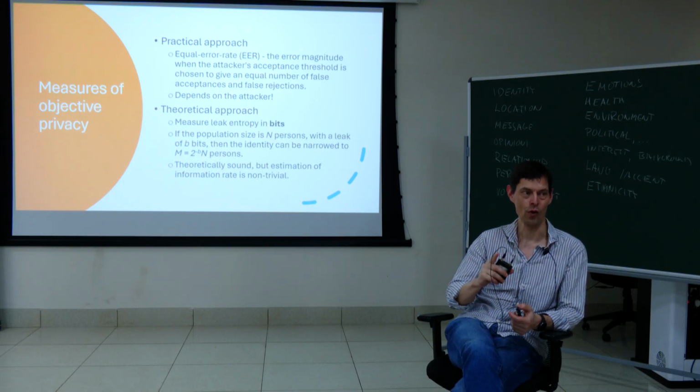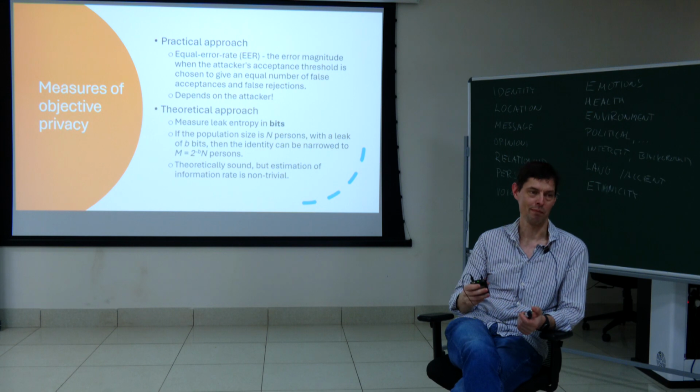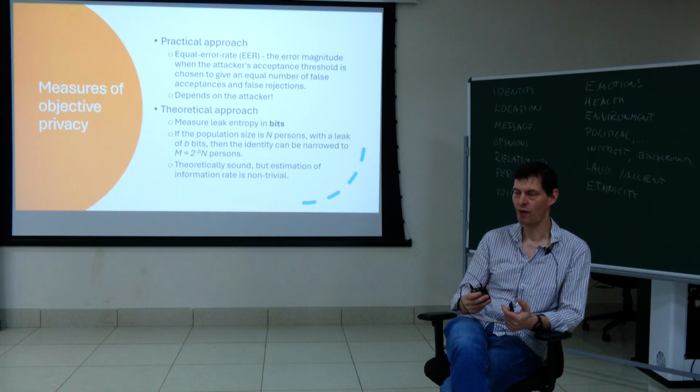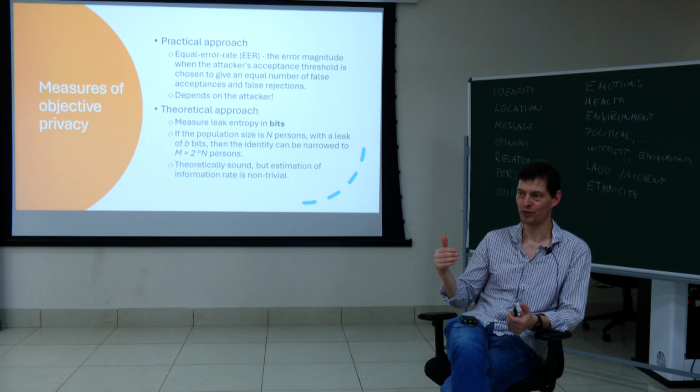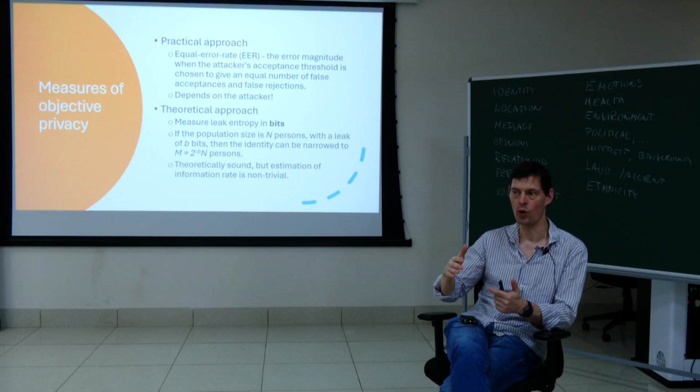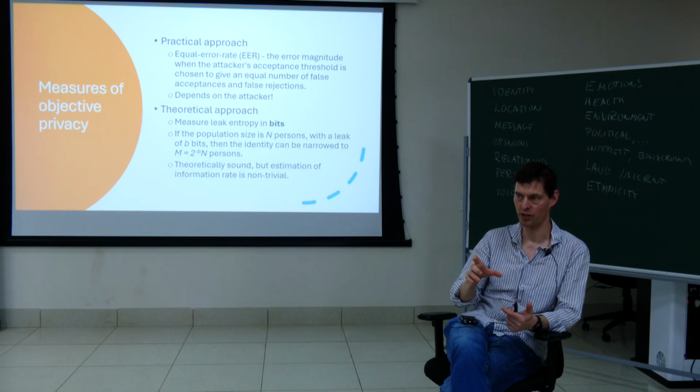And that "on average" is important. Sometimes, let's say, me and my brother, we have similar voices, similar pitch. So us two, you cannot narrow down with 5 bits of pitch information.